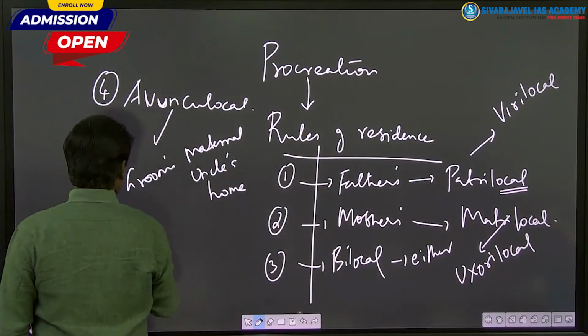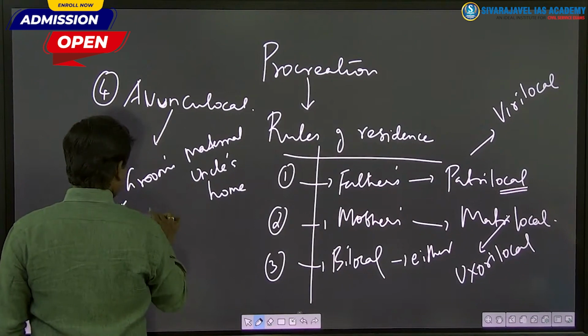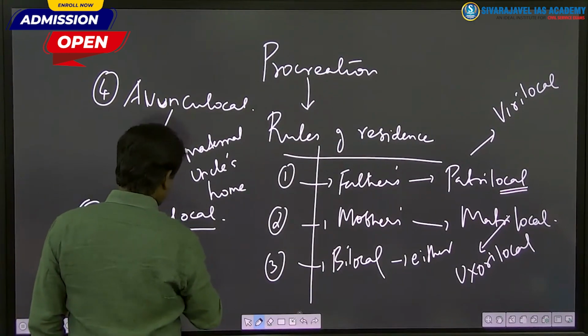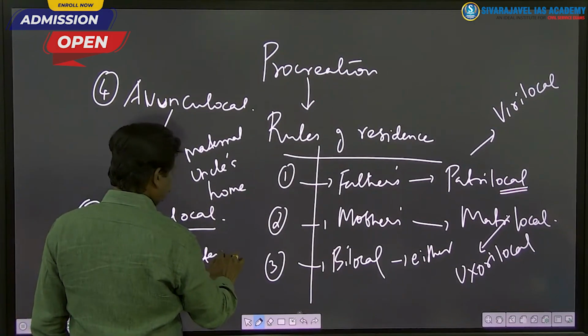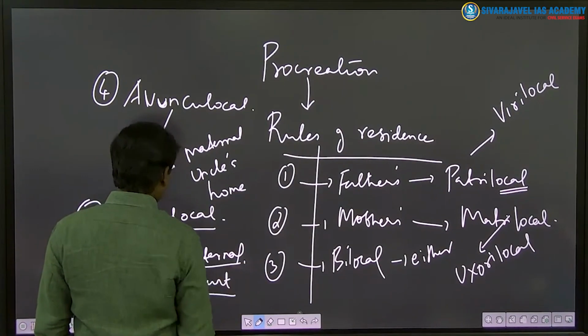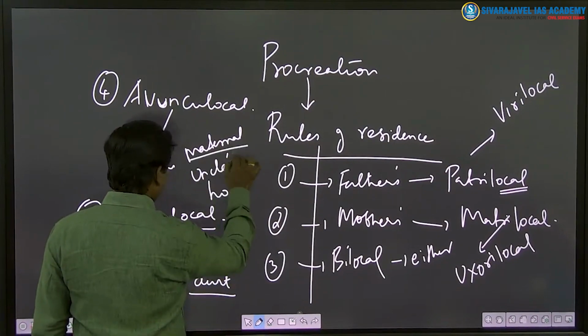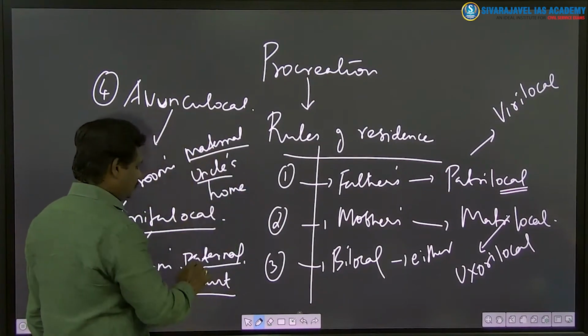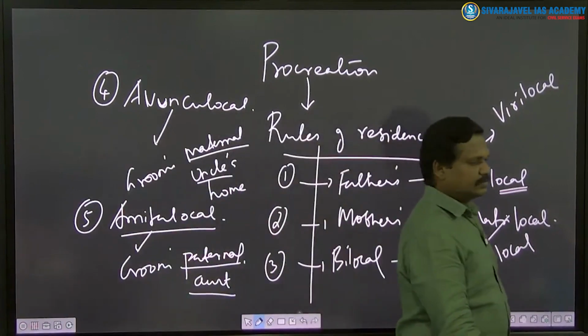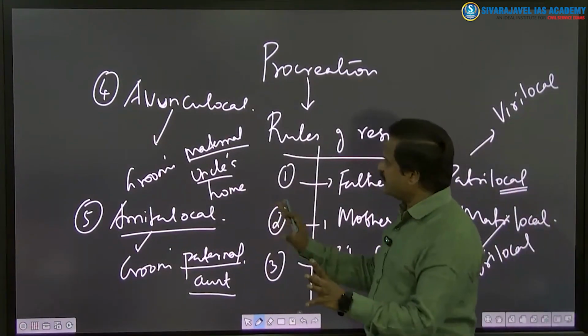And fifth is amitalocal, which means the groom's paternal aunt's house. Maternal uncle means your mother's brother. Paternal aunt means your father's sister. And you need not stay in any one house.